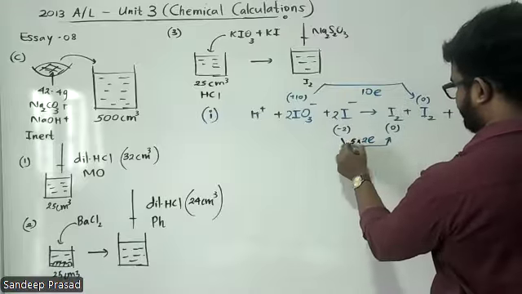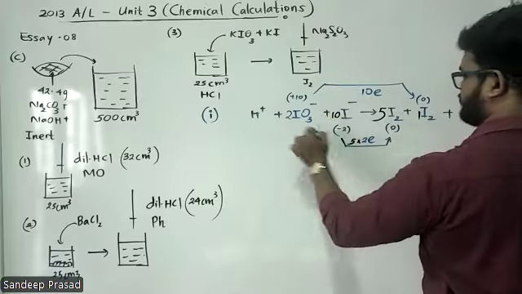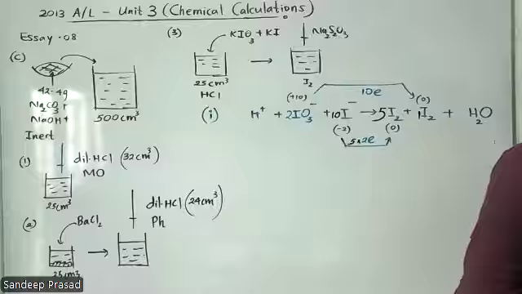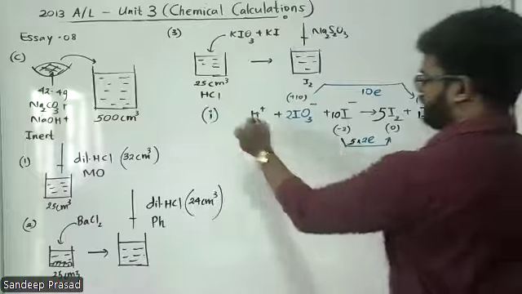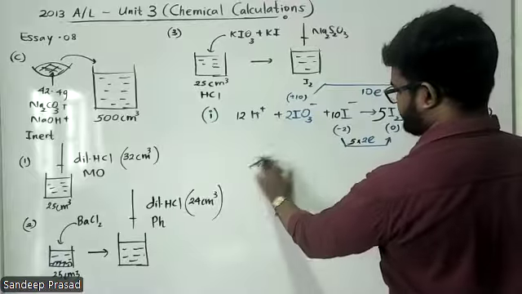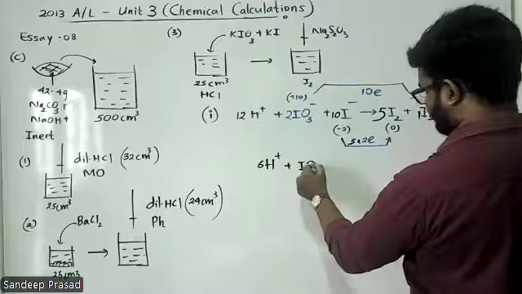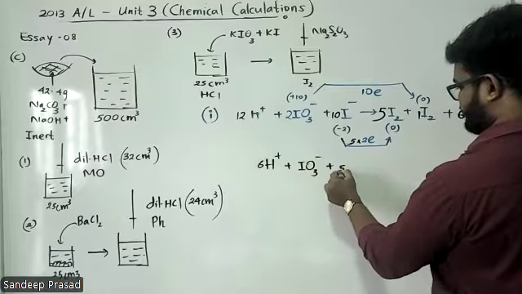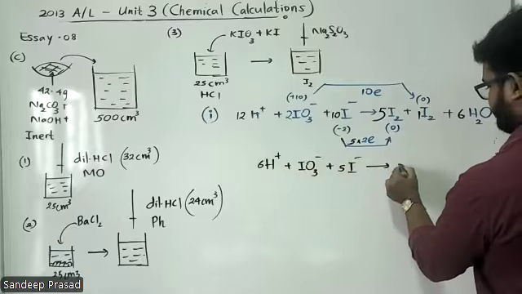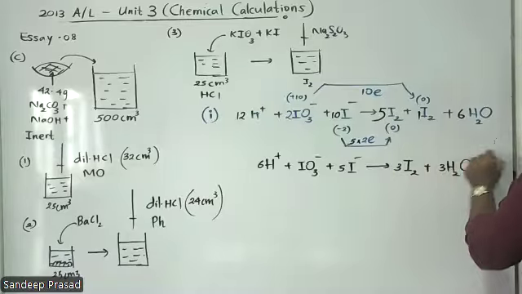So we multiply the iodide by 5. So 6 H pluses are there. Therefore the balanced reaction is 6 H pluses, IO3 minus plus 5 I minus producing 3 I2 plus 3 water molecules.